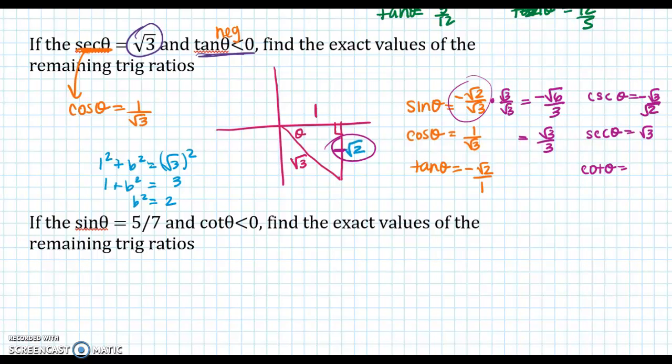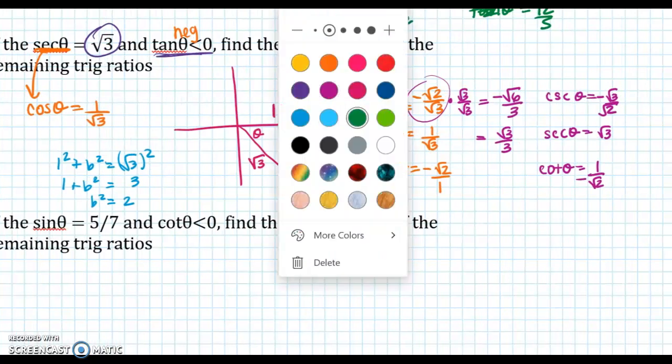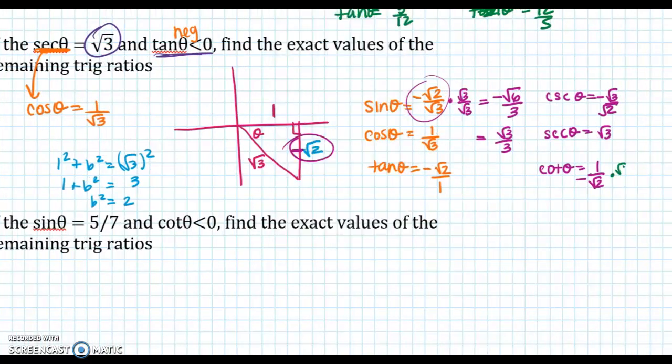And then 1 over root 2. Make sure that you keep this cotangent negative because the tangent was negative. And then this one will end up being root 6 over 2. And this one is also negative.